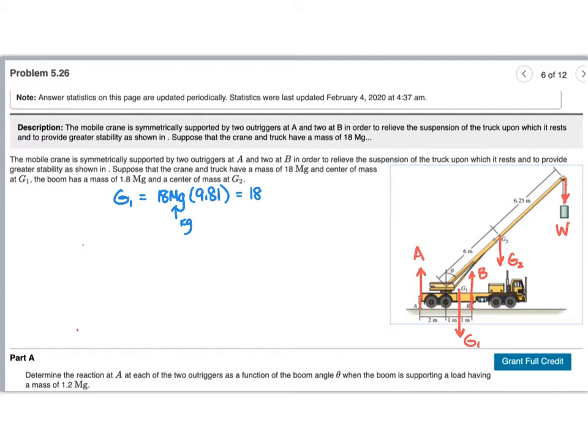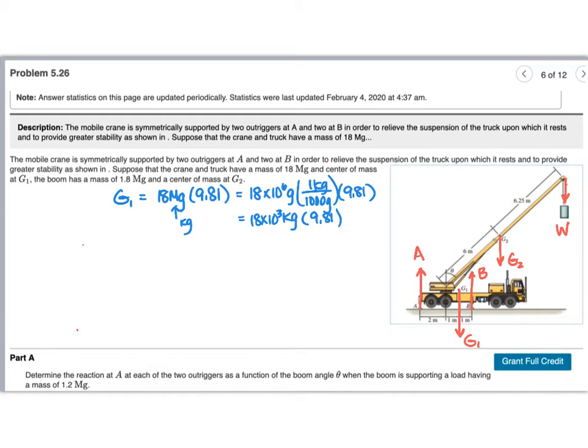So doing my unit change, this is 18 times 10 to the 6 grams, and then there's 1,000 grams in a kilogram. So essentially the 18 megagrams is the same as 18 times 10 to the 3 kilograms. And so we'll multiply that by 9.81 for the acceleration of gravity.